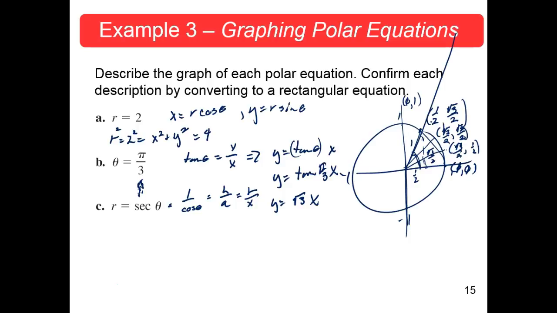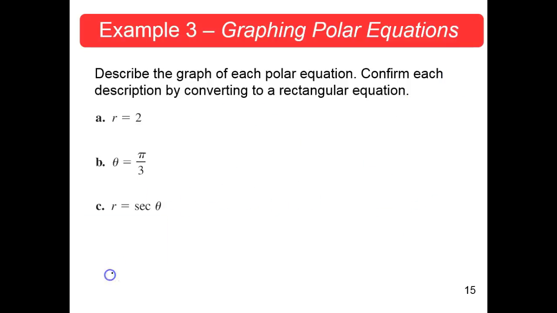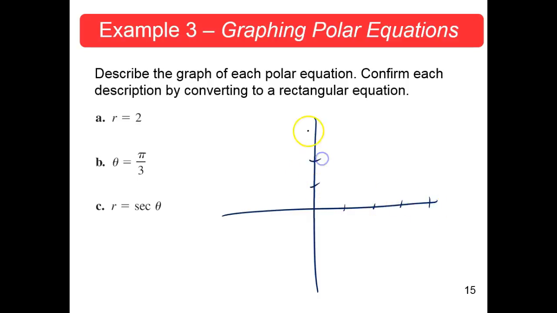So when theta equals 0, your r is equal to 1. Okay?